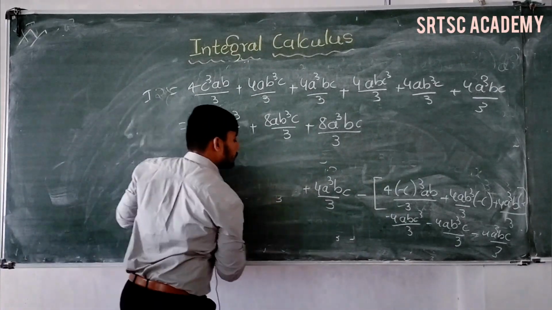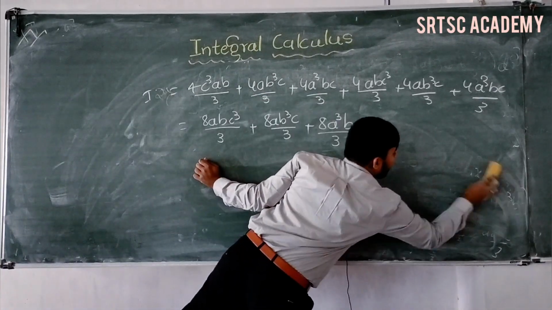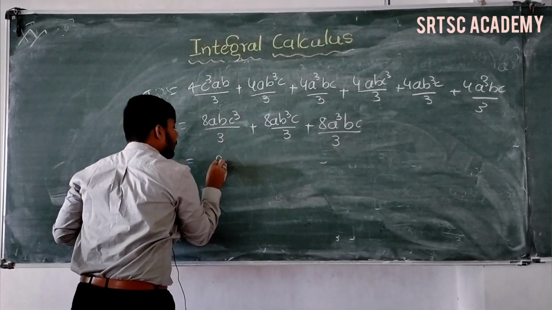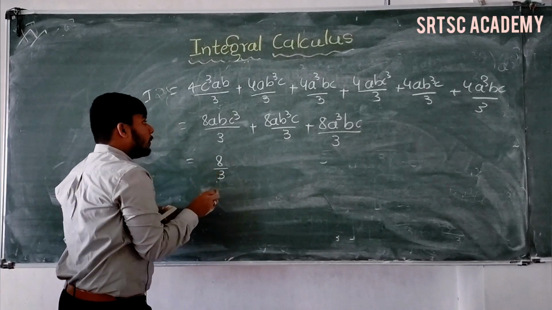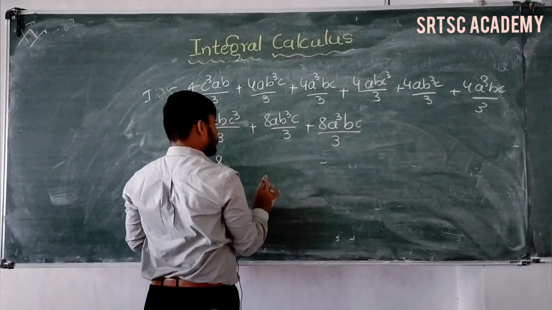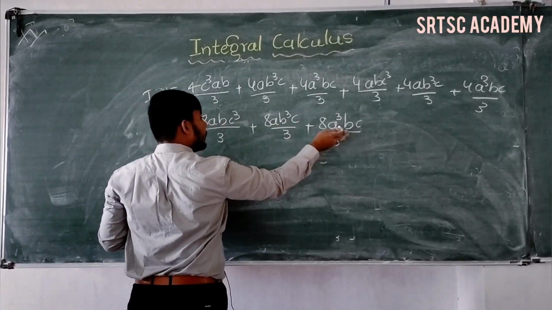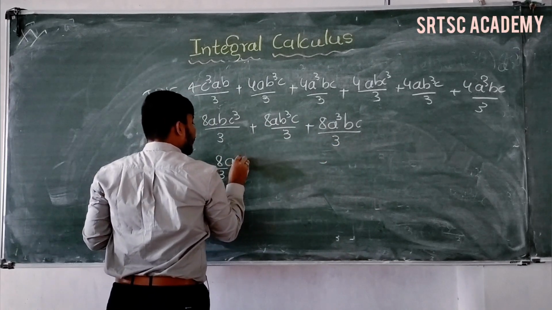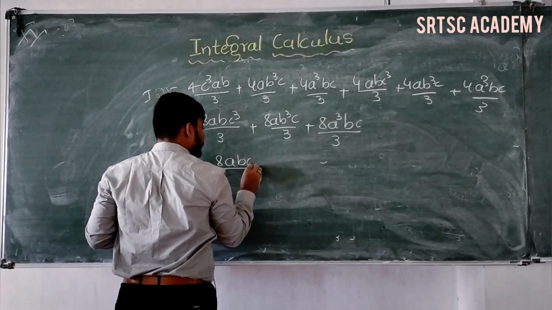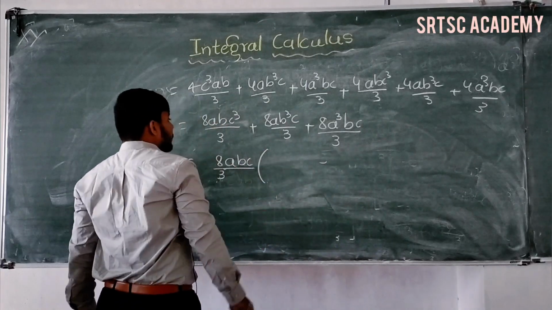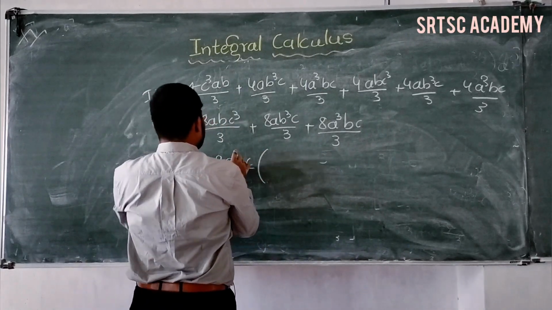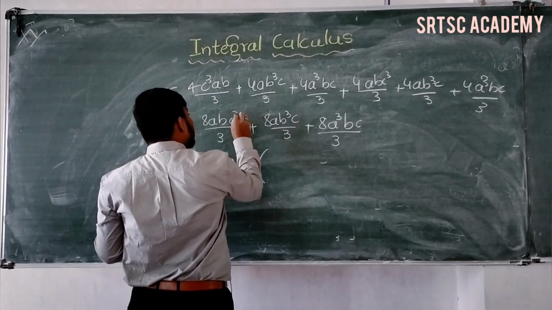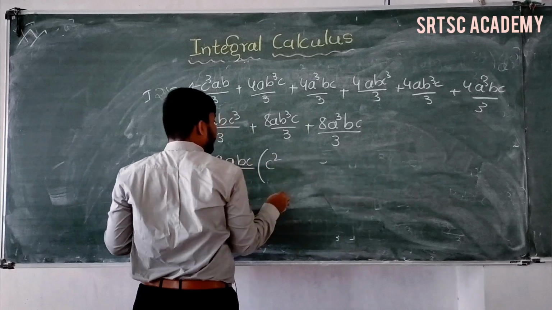Observe that we can take 8/3 common, right? And also abc is common in the 3 terms. So 8abc take outside. If we take abc out, here c² is remaining, right? c².